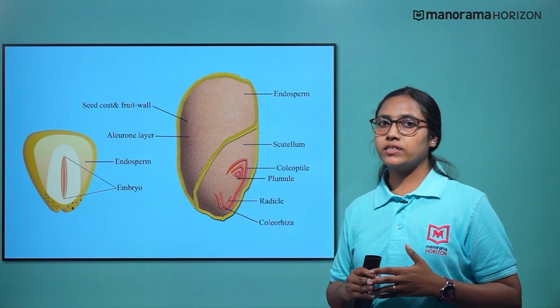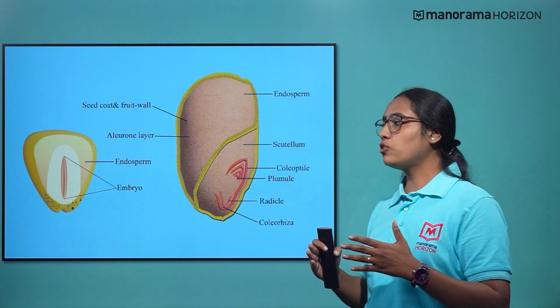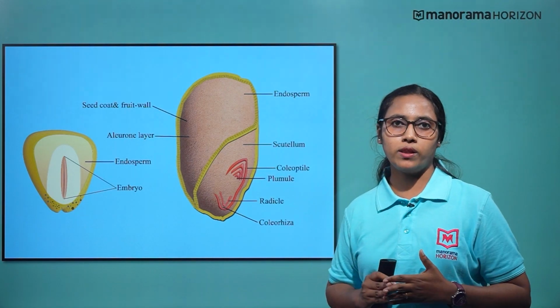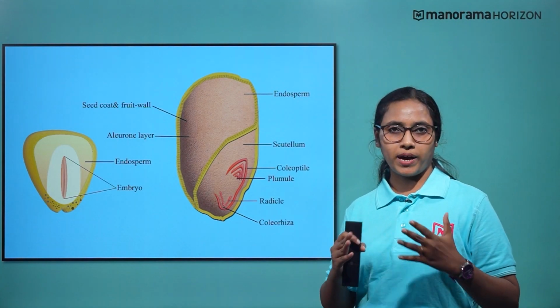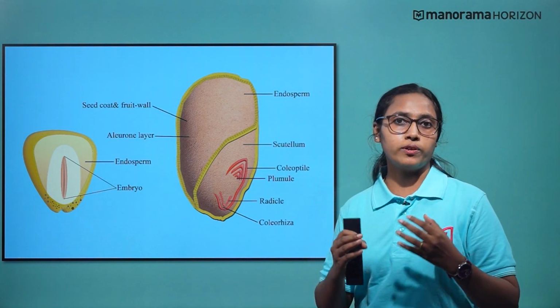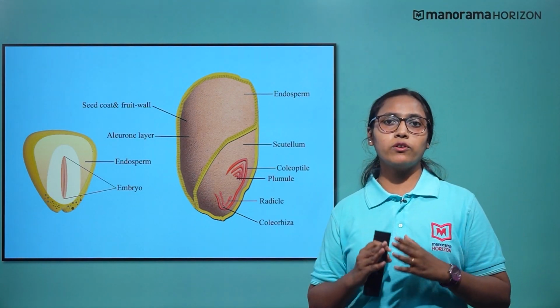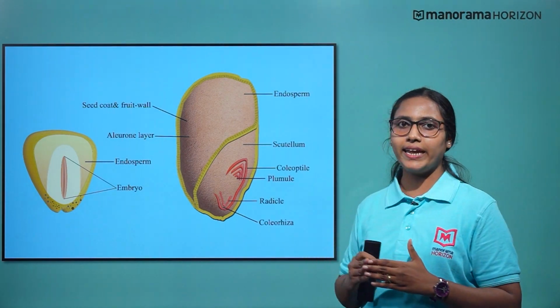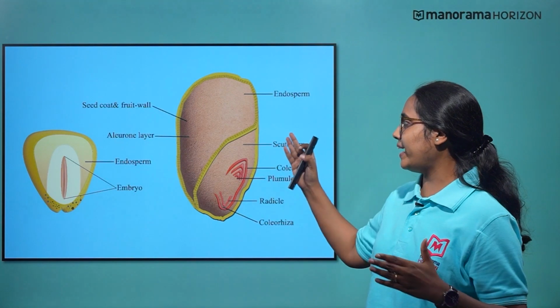In cereals such as maize, the seed coat is membranous and generally fused with the fruit wall. The endosperm is bulky and it stores food. The outer covering of the endosperm separates the embryo by a protein layer called the aleurone layer.